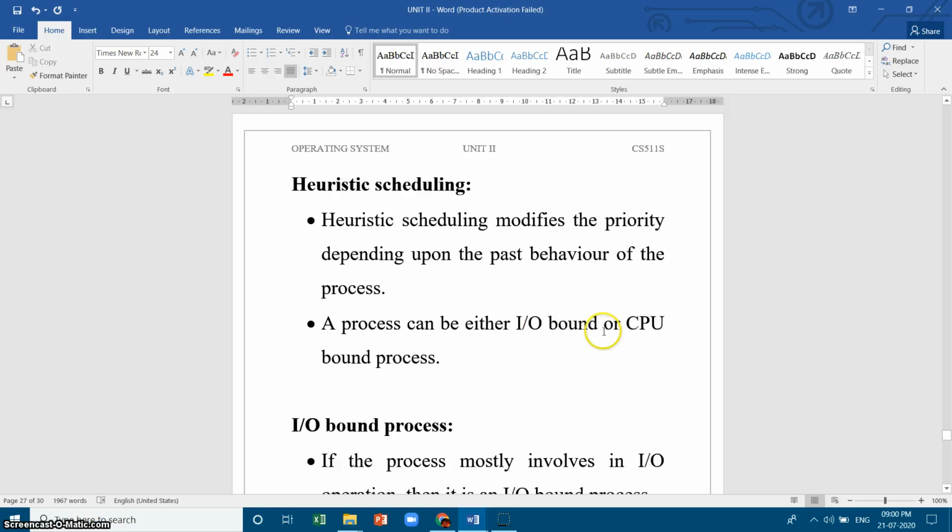If a process is present mostly in your CPU, then that process is called as CPU bound process. So if the process is fully IO related, then it is called as IO bound process. If it is CPU related or it is in your running state itself, then it is called as CPU bound process.